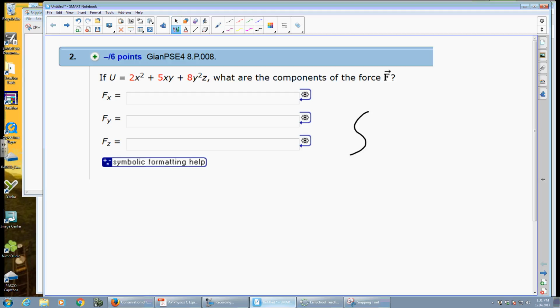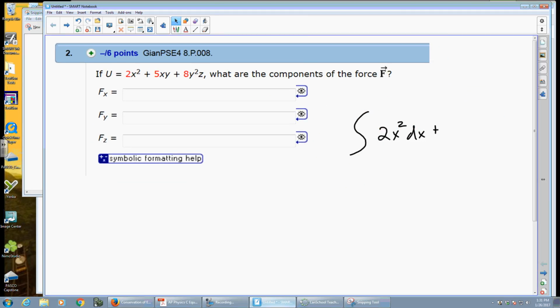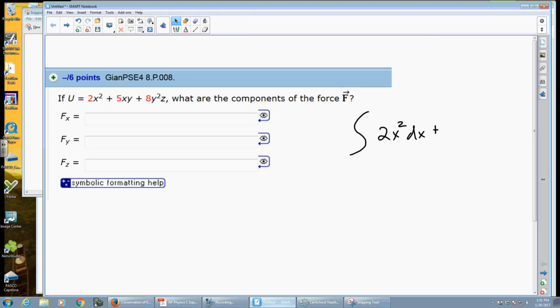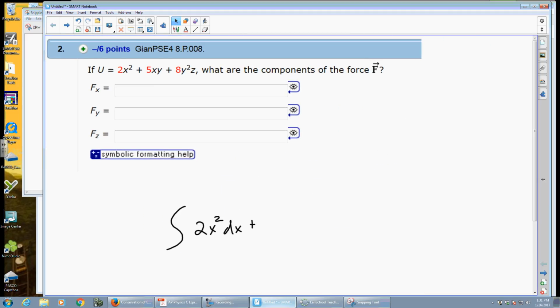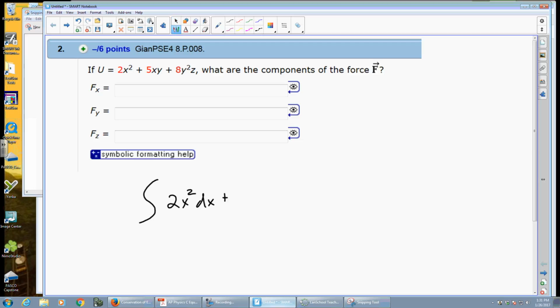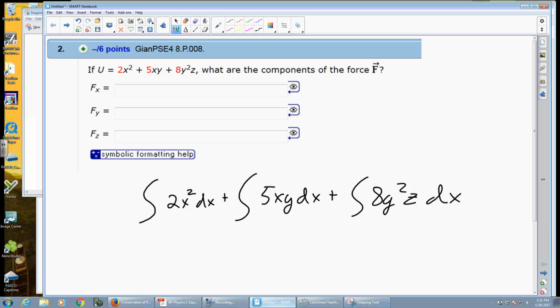So let's integrate. We'll do x first. The integral of 2x squared dx, plus the integral of 5xy dx, plus the integral of 8y squared z dx.